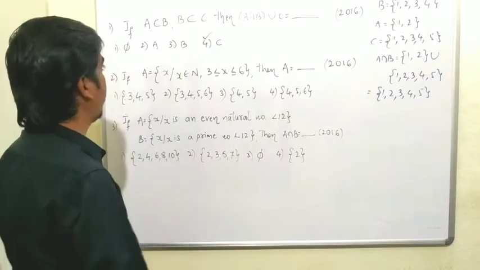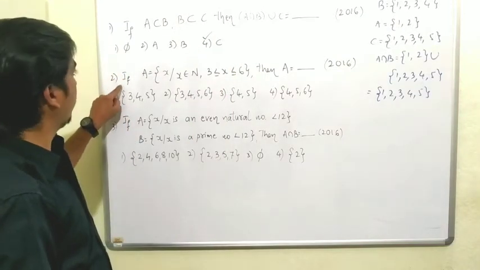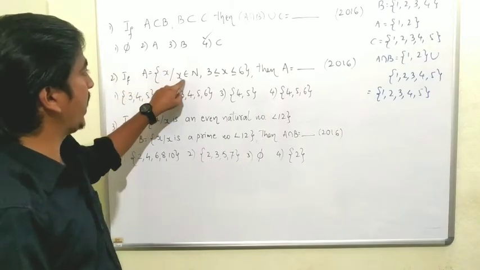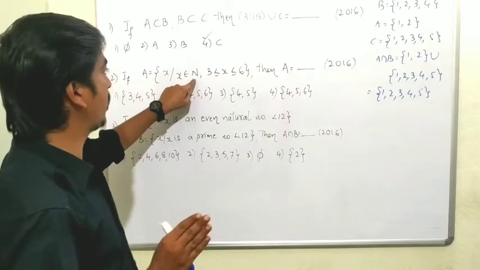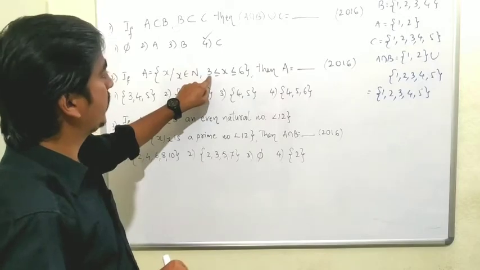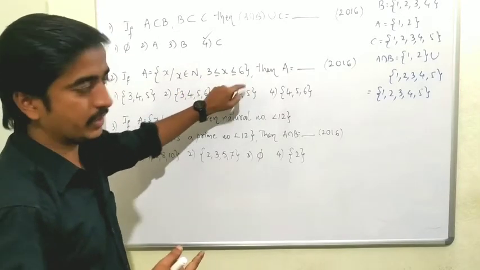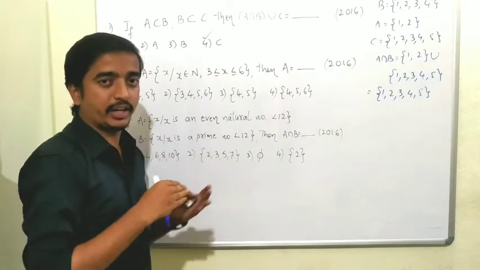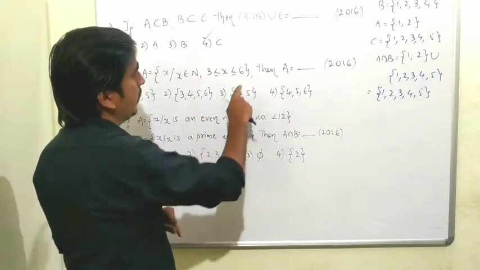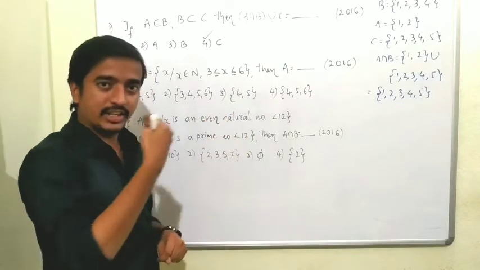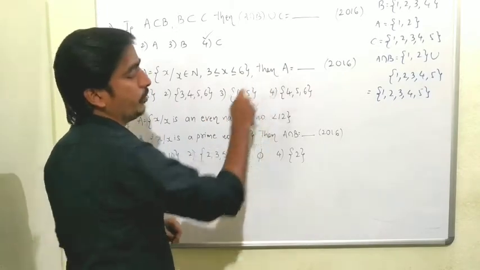Got it? Next, second question. If A equals X such that X belongs to N, X is a natural number, 3 less than or equal to X less than or equal to 6. So X should be equal to 3 or greater than 3, and equal to 6 or less than 6. It asks what would be that set.